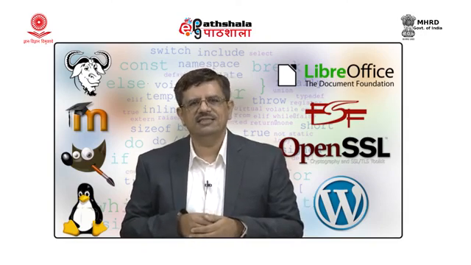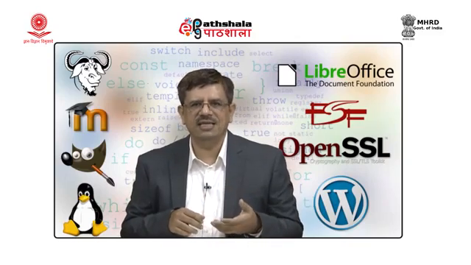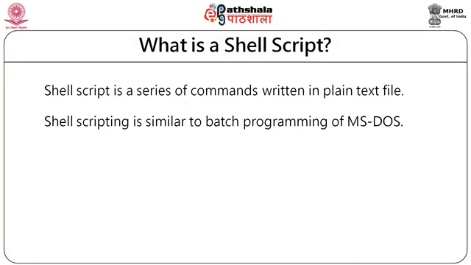Now, let us see what the shell is and what different shells are available to write our shell scripts. As we have said, the shell is an interpreter that sits between the kernel and the user. Whenever the user fires a command, he fires it through the shell; he writes the command in the terminal, that is the shell, and those commands go further and are executed by the kernel. A shell script is a series of commands.